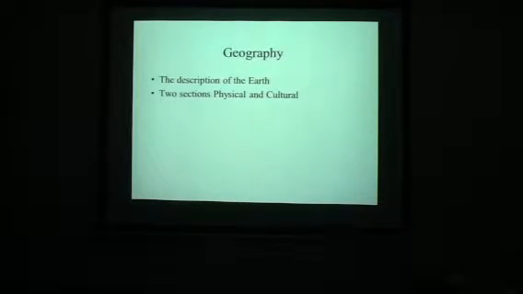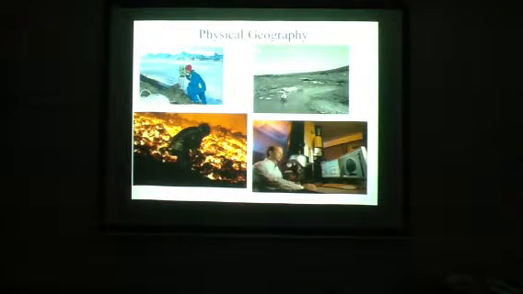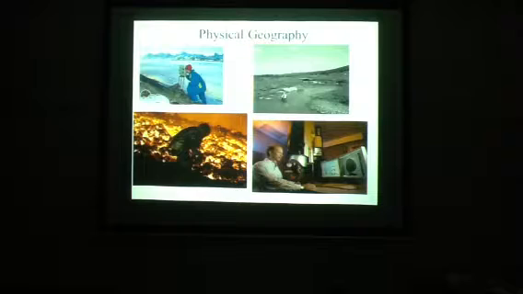Geography comes from a German word, Erkunde, which means the description of the earth. And it's more than just describing the earth, it's describing the features of the earth from a location standpoint. There are 2 sections of geography: physical geography and cultural geography. Physical geography is more of the earth and how the earth relates to humans.